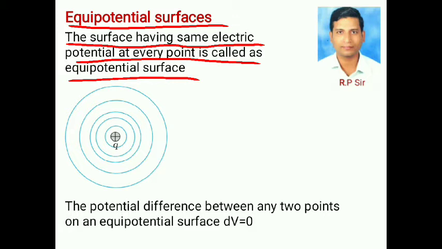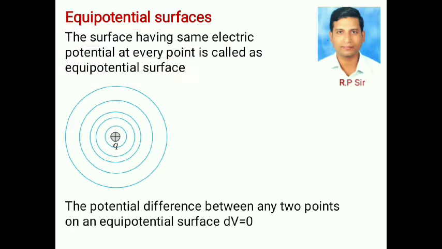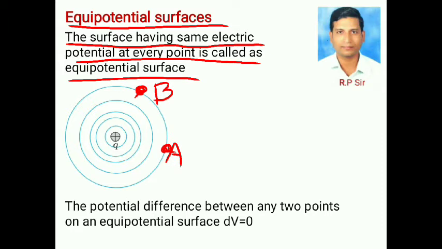Let us consider 2 points, A and B, on an equipotential surface. VA and VB are the potentials at A and B respectively. According to the definition, the electric potential at every point is the same on an equipotential surface.